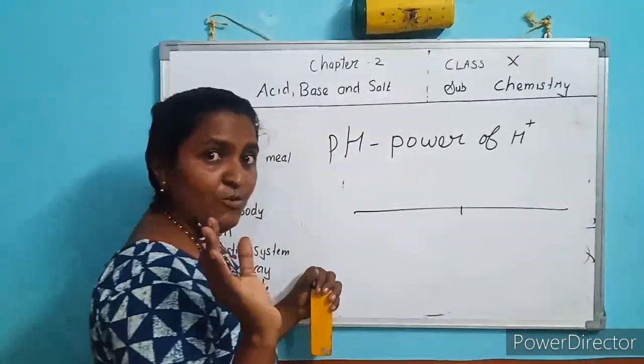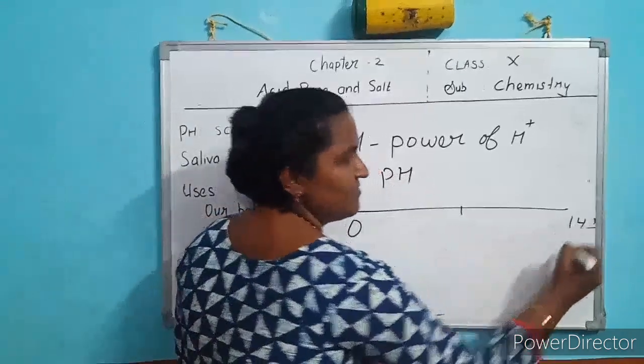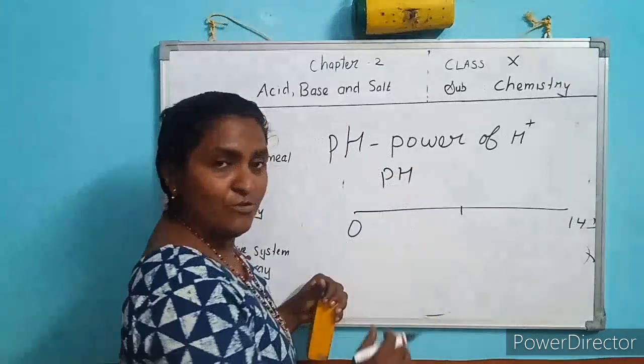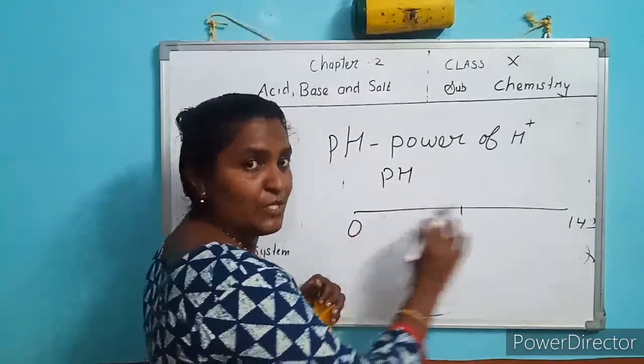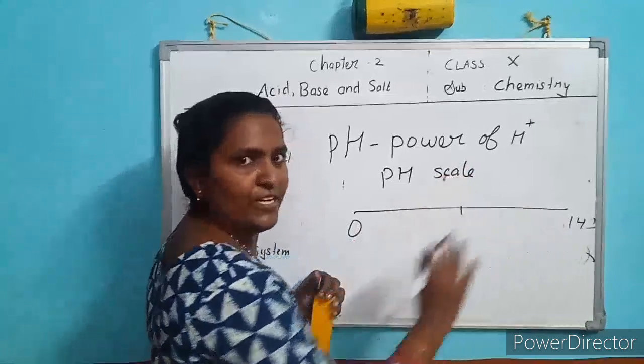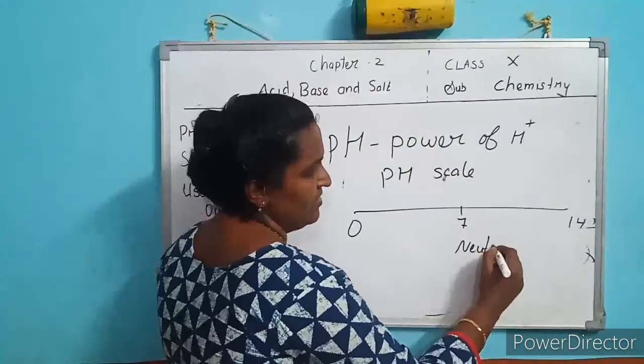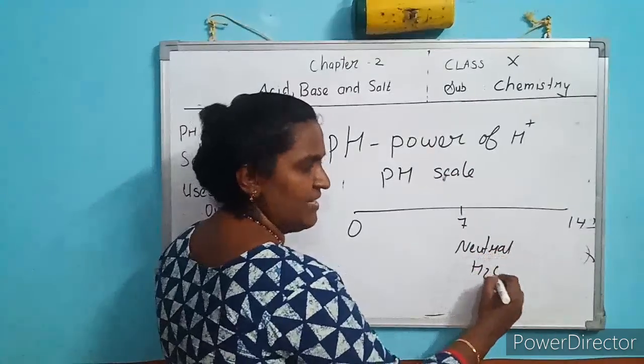The pH scale ranges from 0 to 14. If it is 7, it is neutral. Water and all are neutral, isn't it?